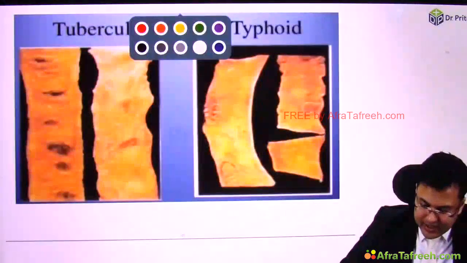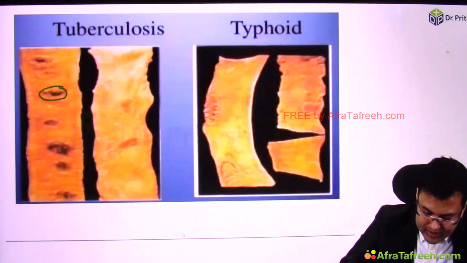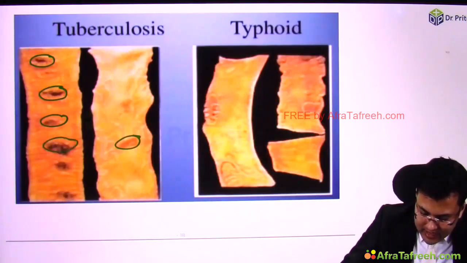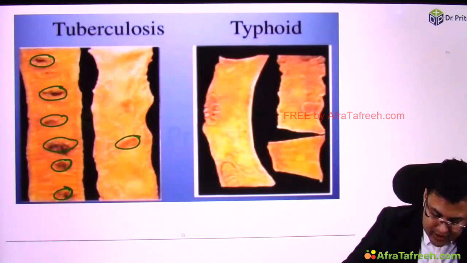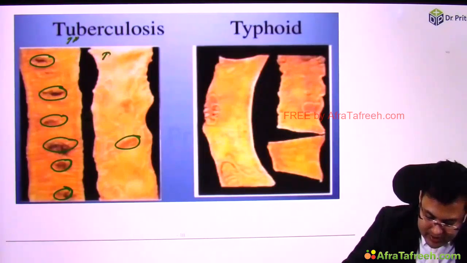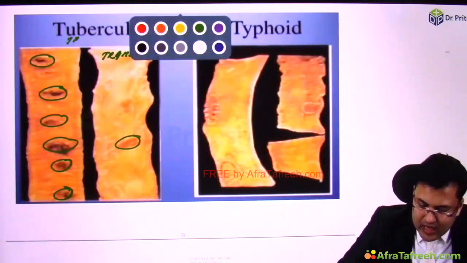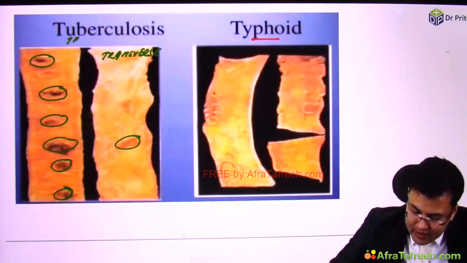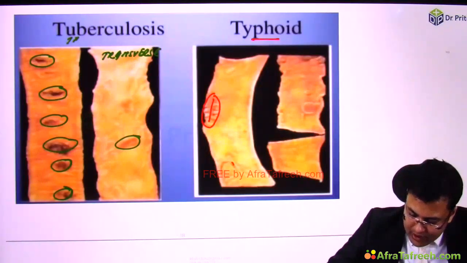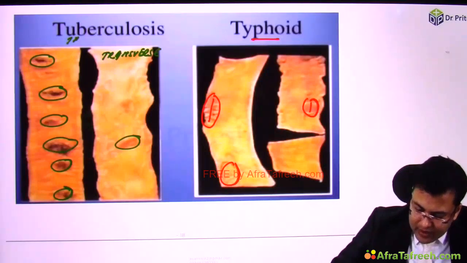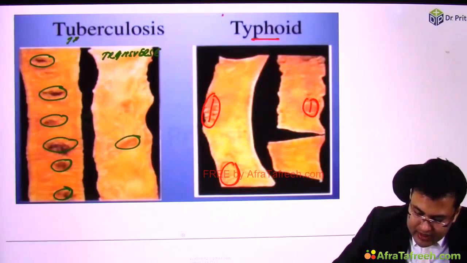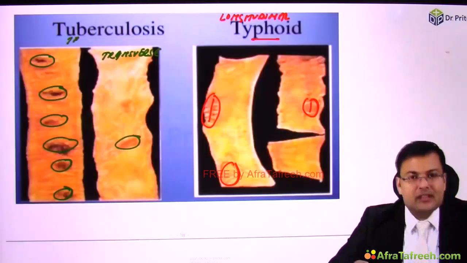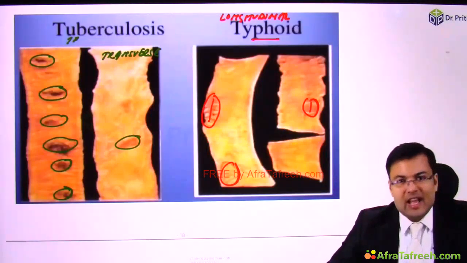So if you see this picture, here you can make out these are the transverse ulcers, and these are seen in tuberculosis. Now see the typhoid. Here you can see there is presence of longitudinal ulcers. This is the difference between tuberculosis and typhoid.